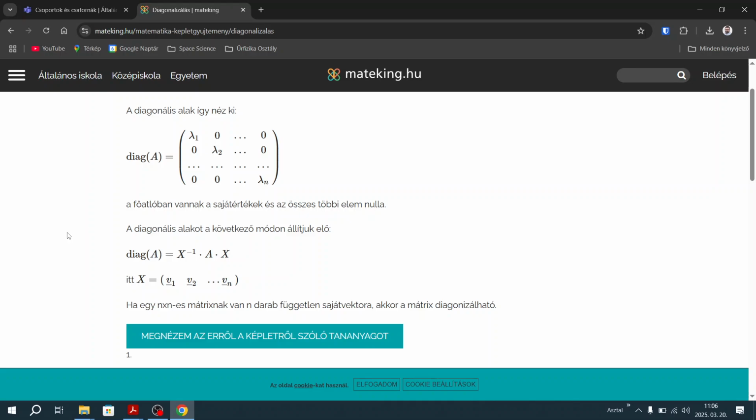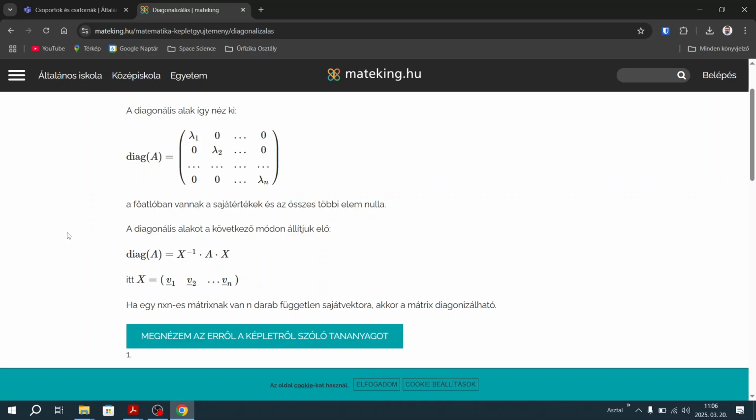Okay, so let's invert this matrix. What's the determinant of this matrix? That's 3 plus 1, 4, non-zero, so I can invert it. Great.